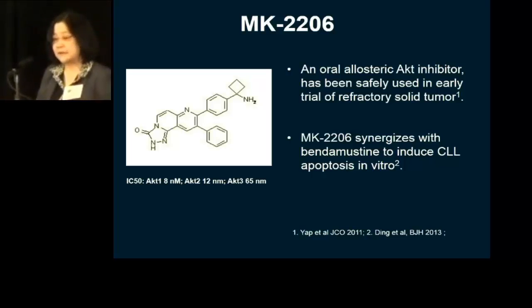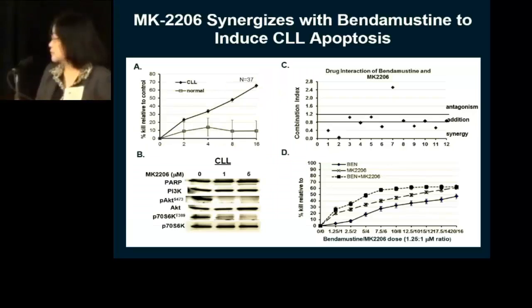For AKT3, which is not a lymphocyte predominant isoform, the IC50 was much higher. And this inhibitor has been used as a single agent in relapsed solid tumor, and has been shown to be safely administered. So we started this study a couple years ago to test preclinical activity of this agent in CLL disease.